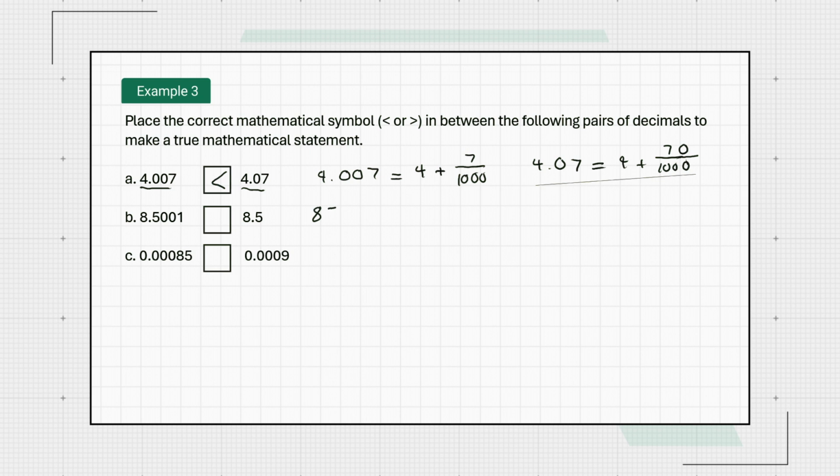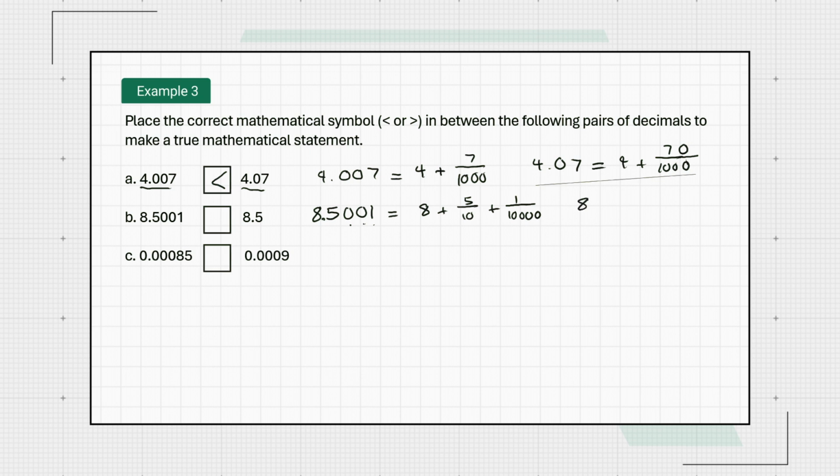The second one, we have 8.5001, which is the same as 8 plus 5 out of 10 plus 1 out of 10,000. Because it's tenths, and then it's hundredths, and it's thousandths, and then it's ten-thousandths.